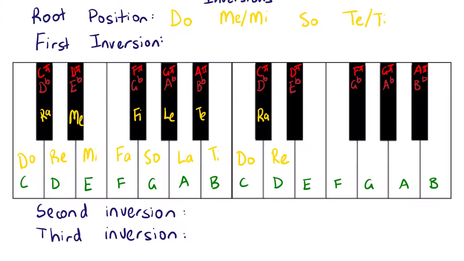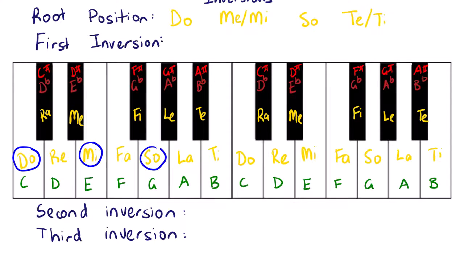Do, ra, re, me, mi, fa, fi, so, le, la, te, and ti. For a C dominant 7, we would use do, mi, so, and te. Here's what that sounds like.